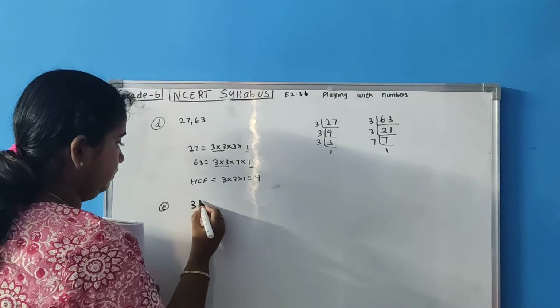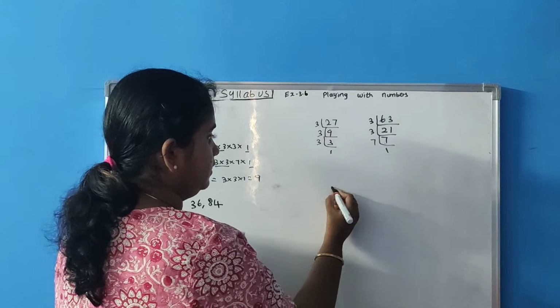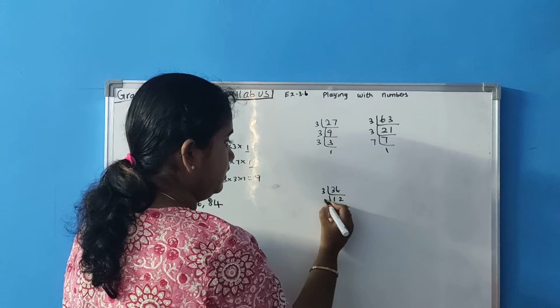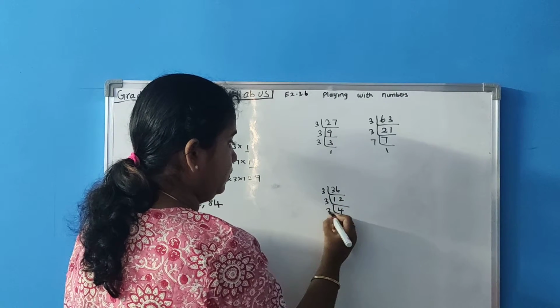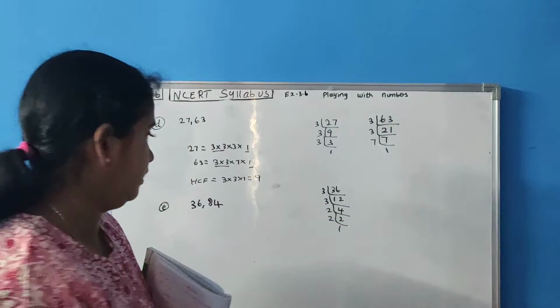36 and 84. 36, find it. 3 table, 1 3s are 3, 2 3s are 6. 3 table, 4 3s are 12, 2 2s are 4, 2 1. Did you understand? Okay.